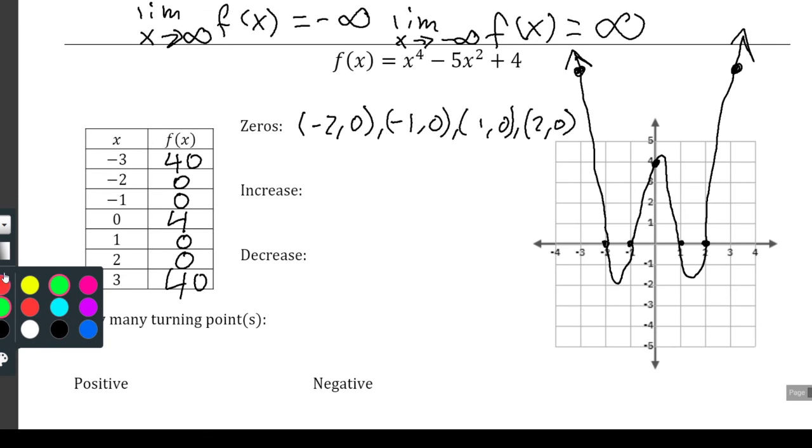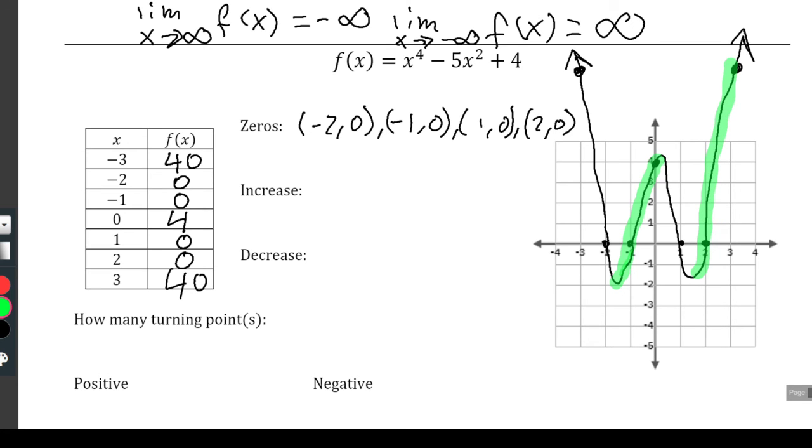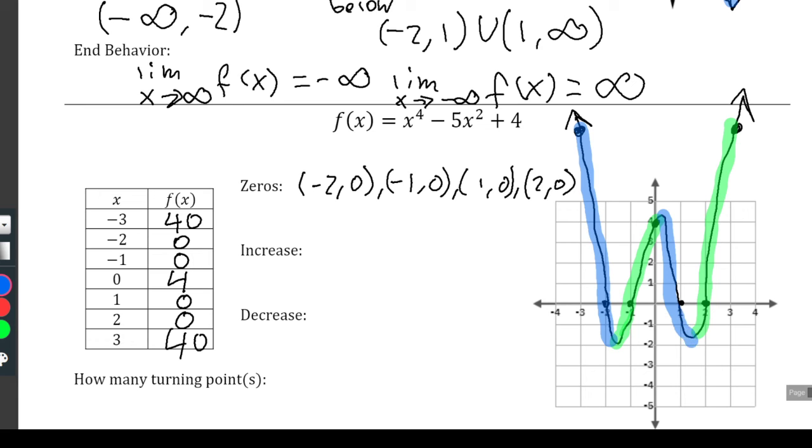Let me get the shading up again for when we do. So again, we're going to shade increasing in green, and we'll use blue again for decreasing. So it's increasing here and here. And then decreasing along this. So we're going to write our intervals.